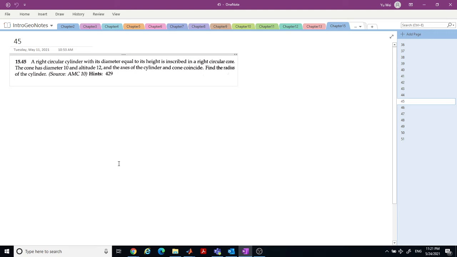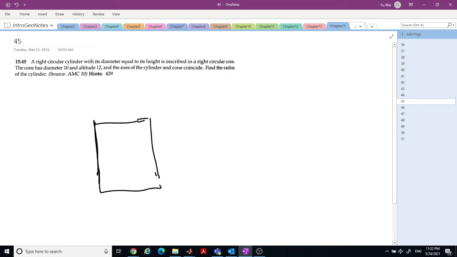So a right circular cylinder with the diameter equal to its height is inscribed in a right circular cone. Okay, so now let's see. Let's cut the surface.